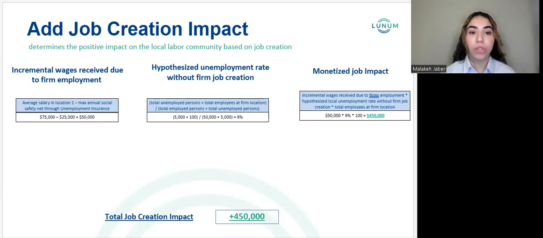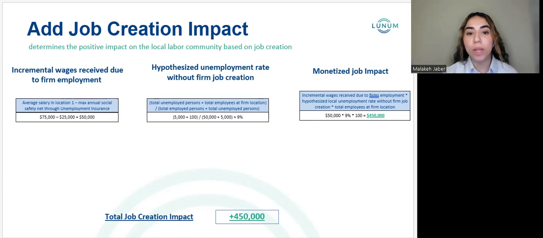Then you divide those two figures, and we reach an ultimate calculation of 9%. So that 9% represents the hypothesized unemployment rate that we would have, or state Z would have, if company ABC had never hired anybody.